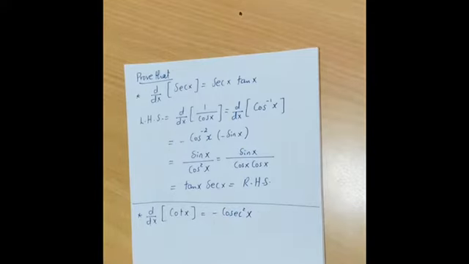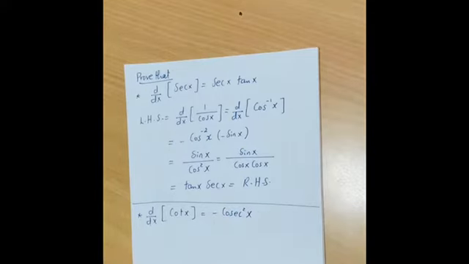If it is d by dx of ln of tan squared of x, you move the 2 before the ln, because for the ln of any powered term, you can move the power as a coefficient.